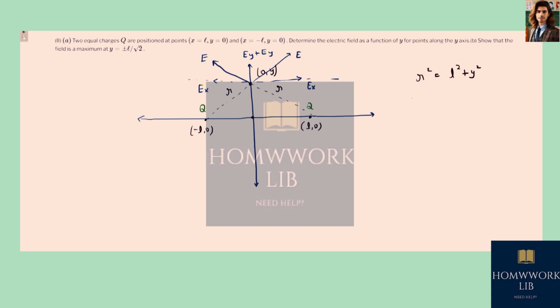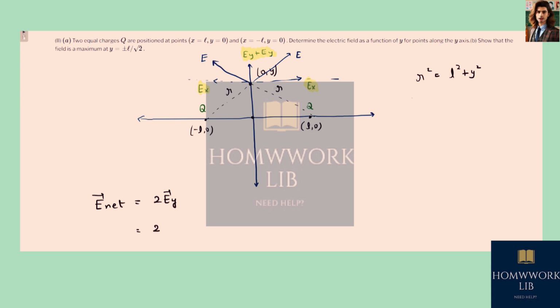The horizontal components Ex and Ex are going to cancel, and the vertical components are going to add with each other. So the net electric field is going to be 2 times E of y. So what's going to be E of y?